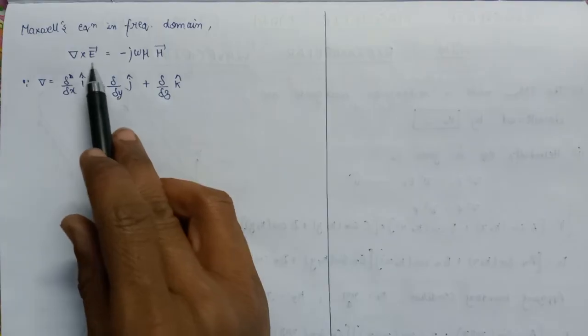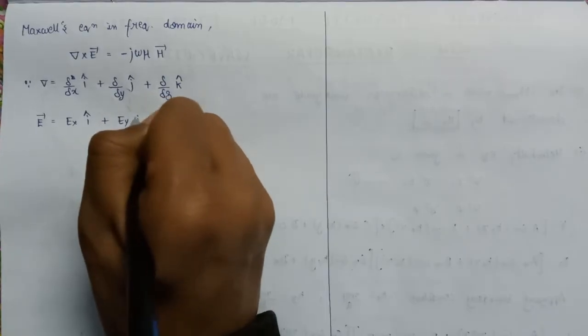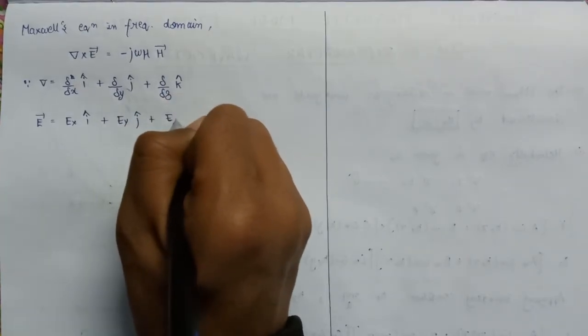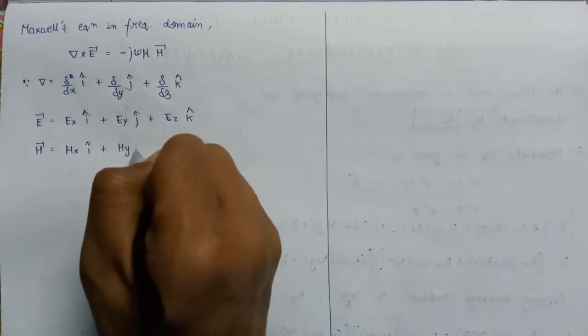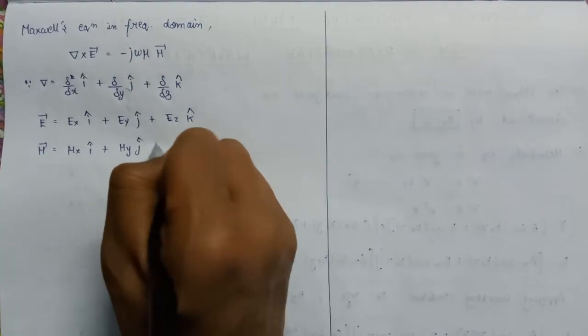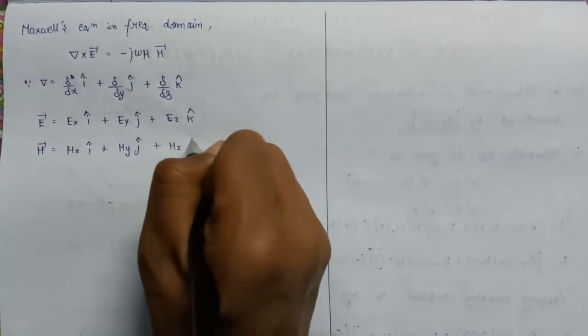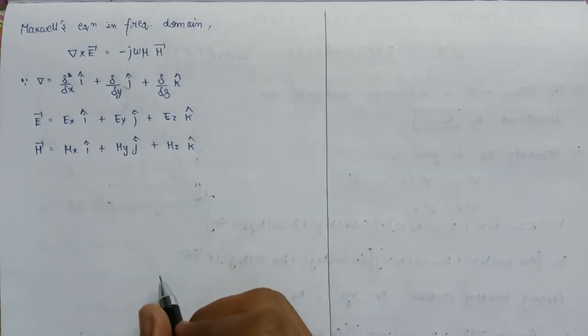Similarly, if we write the electric field intensity in vector representation, it will be equal to Ex i cap plus Ey j cap plus Ez k cap. If we write the vector representation for magnetic field intensity, it will be equal to Hx i cap plus Hy j cap plus Hz k cap. Now this is our equation number 3.